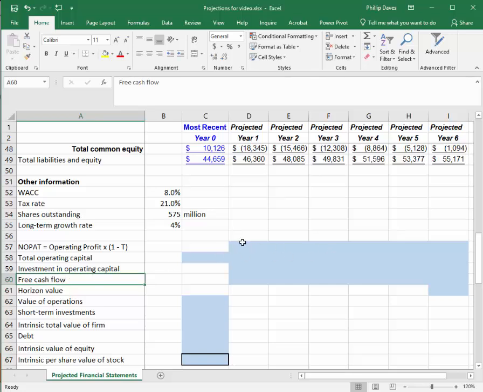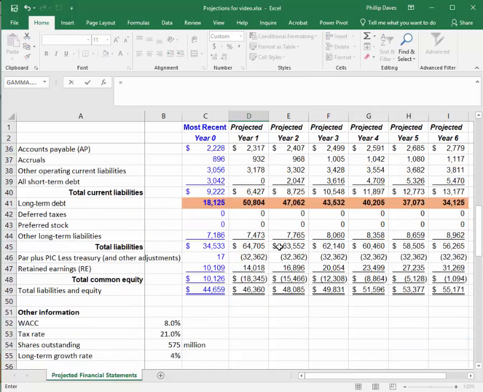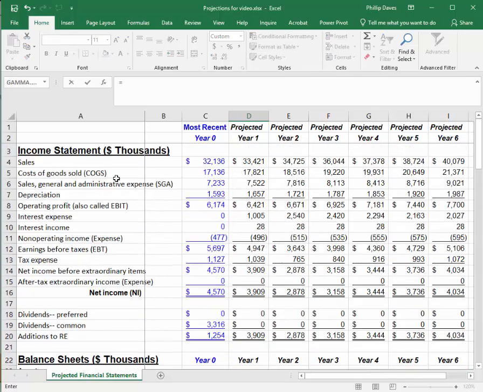And so let's go ahead and do NOPAT first. NOPAT is simply EBIT, or in this case it's called operating profit. Sometimes it's called EBIT, sometimes it's called operating profit. And by the way, do not confuse EBIT with EBT. That really does matter. EBT, earnings before taxes, sometimes called profit before taxes, is not the same thing as EBIT, earnings before interest and taxes.